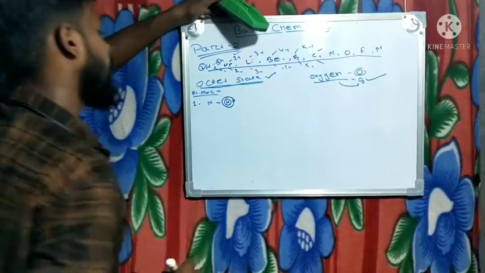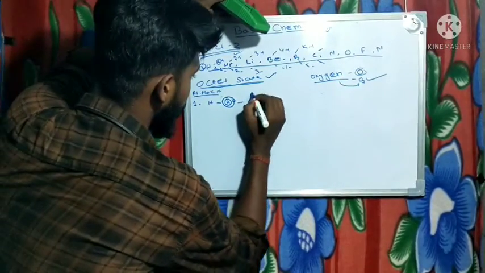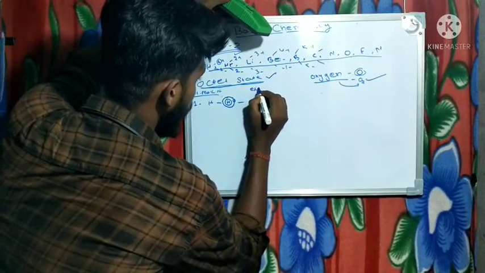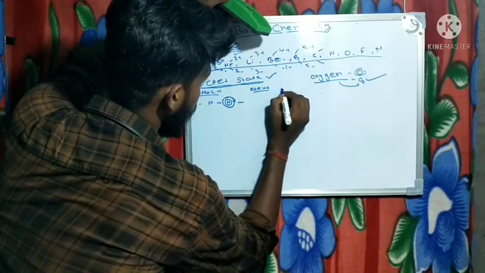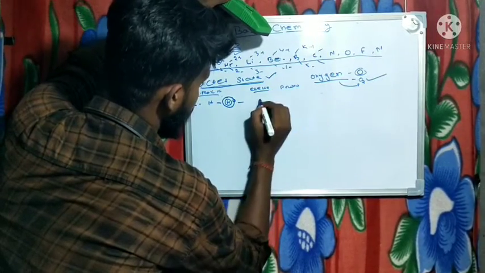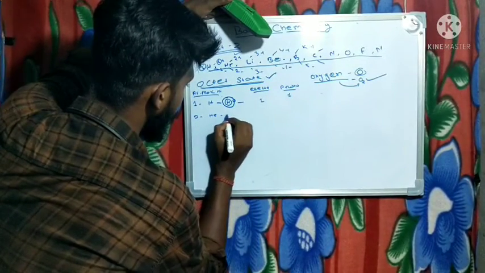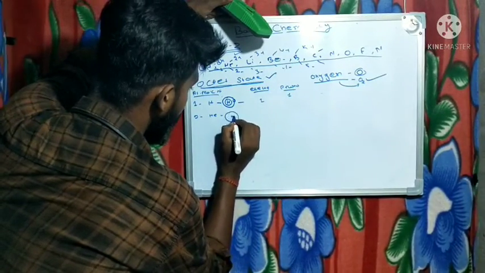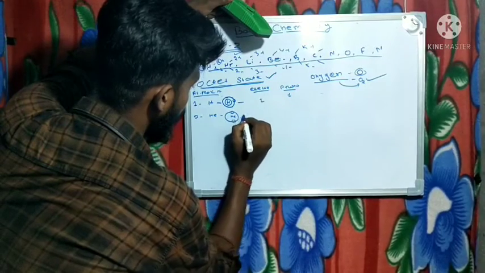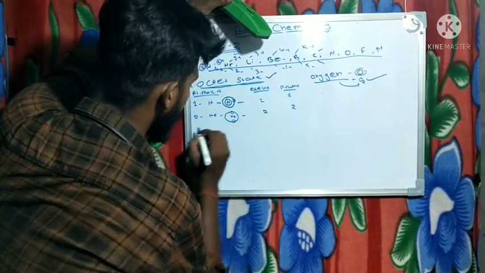This is hydrogen and this is the configuration. Also you can remember electron, proton. You can write this is also 1, this is also 1. Okay. If we go to helium, then this is He. This is 2, this is 2, this is 2.